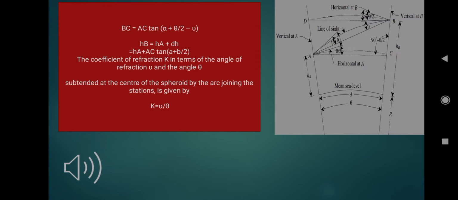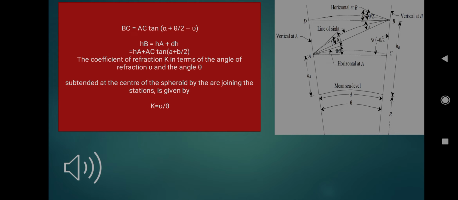BC equals AC tan of alpha plus theta by 2 minus nu. From the previous result, del H equals AC tan of alpha plus beta by 2. So HB equals HA plus del H, which equals HA plus AC tan of alpha plus beta by 2.